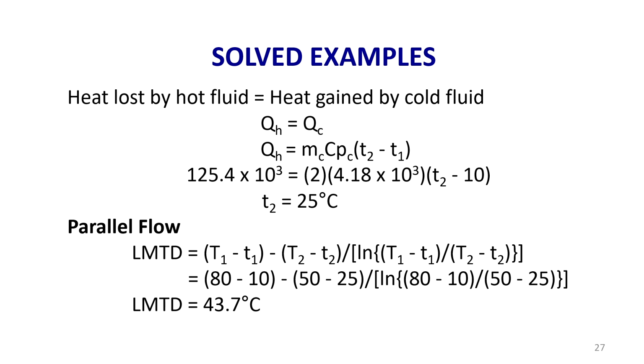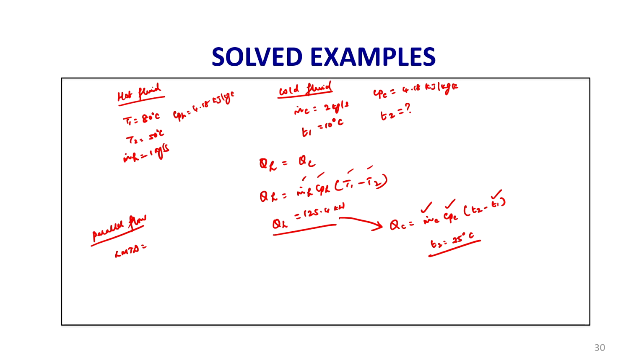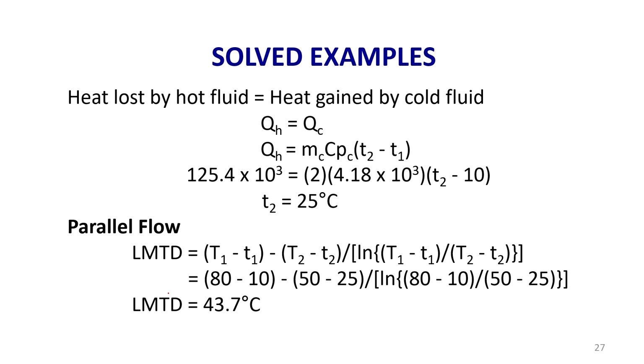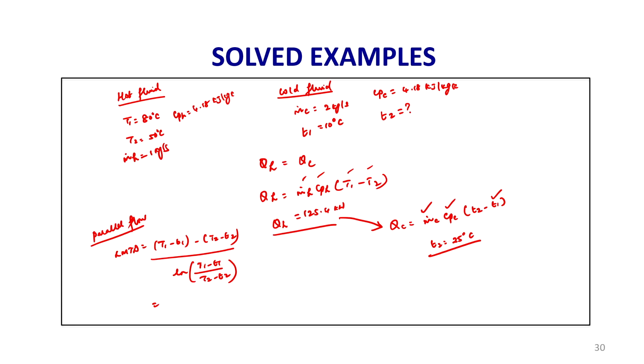For parallel flow, you use this formula: capital T1 minus small t1 minus capital T2 minus small t2, divided by ln of capital T1 minus small t1 divided by capital T2 minus small t2. So, this comes around 43.7 degree centigrade LMTD.